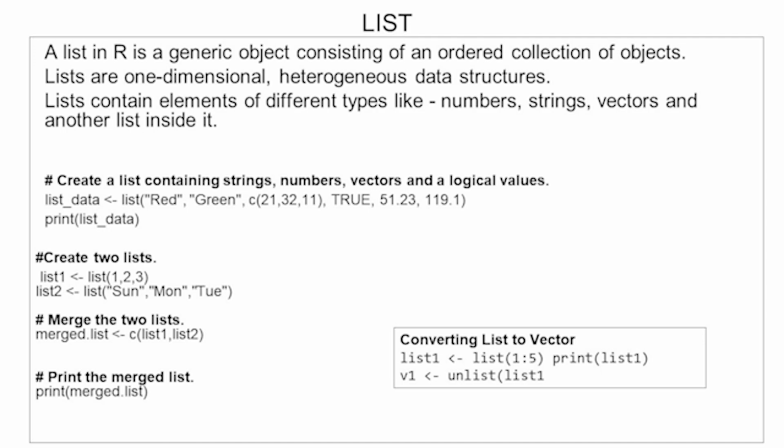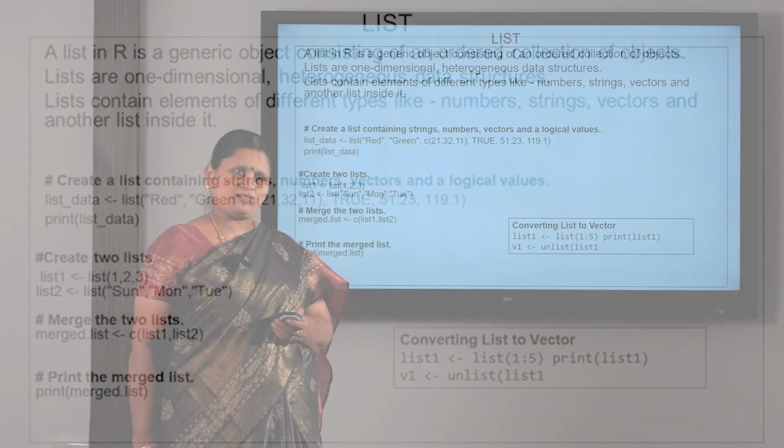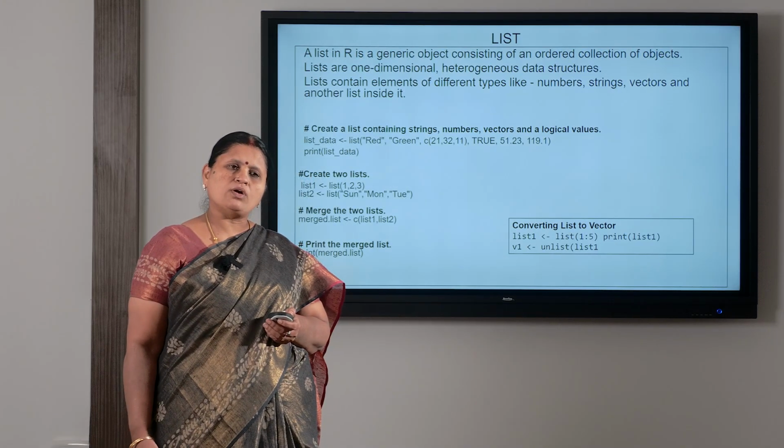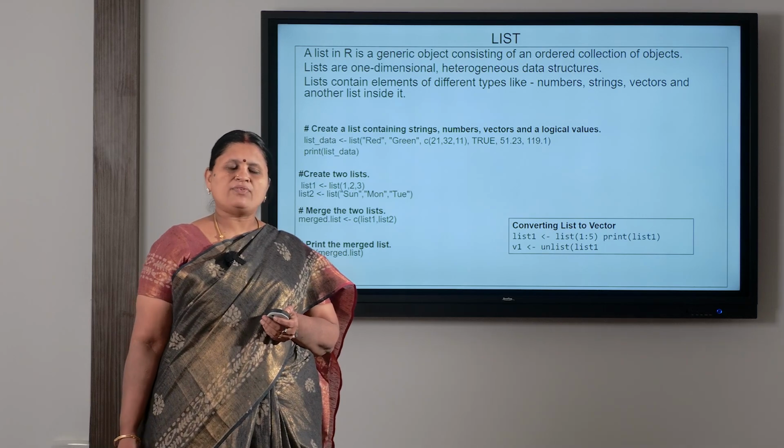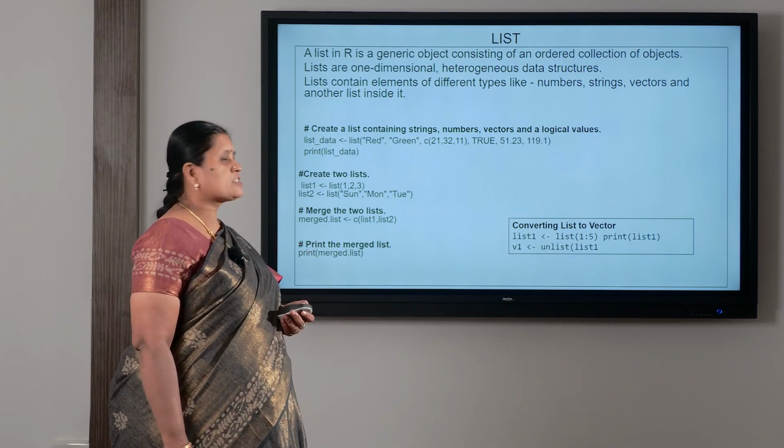All this is possible in a list. I can have lists of different types such as numbers, strings, lists, matrices. Anything I want, I can combine into one data structure. Whenever we want to merge lists, we can implement it using the merge option. Suppose I want to convert a list to a vector, even that is possible using the unlist function.